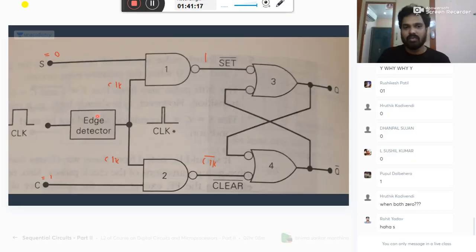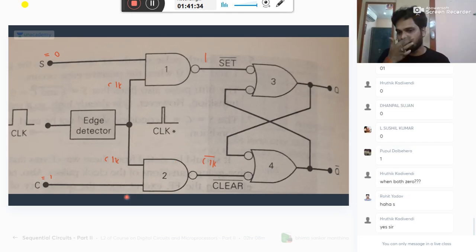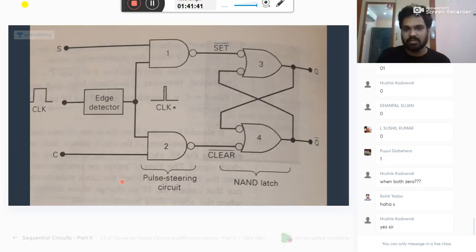And when both are zero, you don't need clock now. No change condition and all. Okay, you understand? Set and reset, set and clear condition. You need the clock only for 0, 1 and 1, 0. For 0, 0, it is a no change condition. So justified with the name, this part is called the pulse steering circuit of your flip-flop.